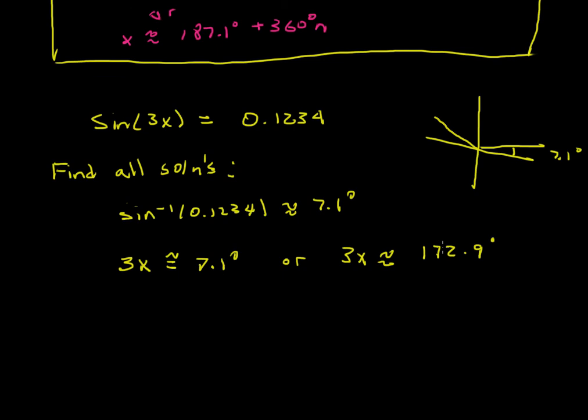So there's two solutions for this initial equation in quadrants 1 and 2. But when we're looking for all solutions, we'll need to complement that by adding in the 360 degrees n.